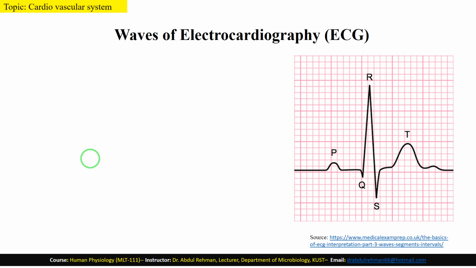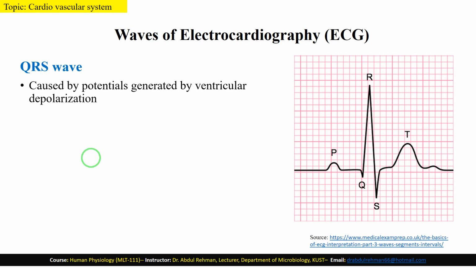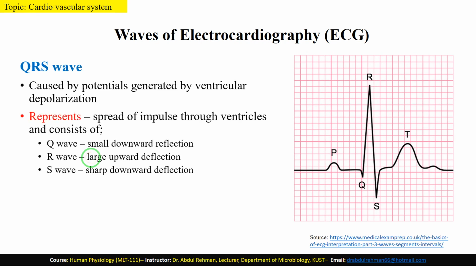The second wave is the QRS wave. It is actually a potential or electrical signal generated by ventricular contraction. And it actually represents three waves: Q, R, and S. Q wave is a short deflection wave that indicates that the ventricle has just started contraction, and after this there is a large upward deflection called the R wave.